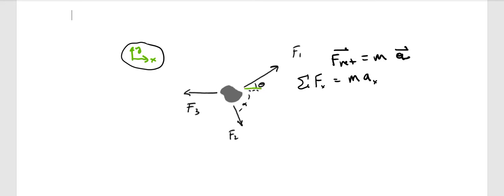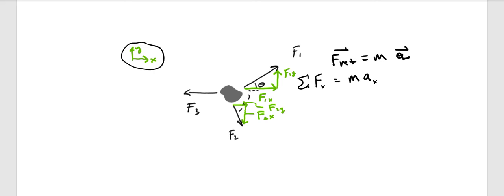So there is what I will call the F1x component. Here's the F1y component. While I'm at it, let's do force vector 2 too: x component, y component. That one is F2x, and this one right here is F2y.